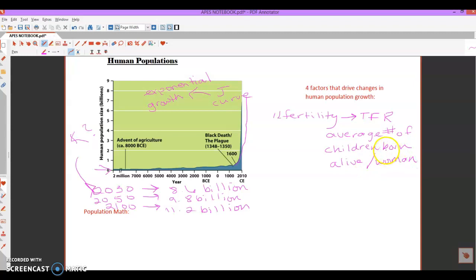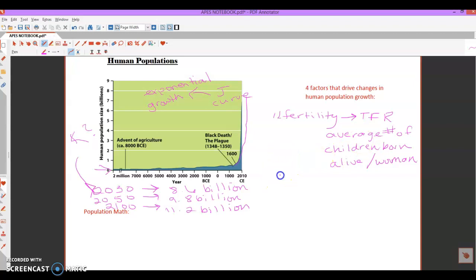Okay? So the total fertility rate is the average number of children born alive per woman, and it is going to vary by country, by where that woman lives. And you'll see we're going to look at some examples of population pyramids here shortly that, depending on where you live, those total fertility rates are going to be very different from one another.